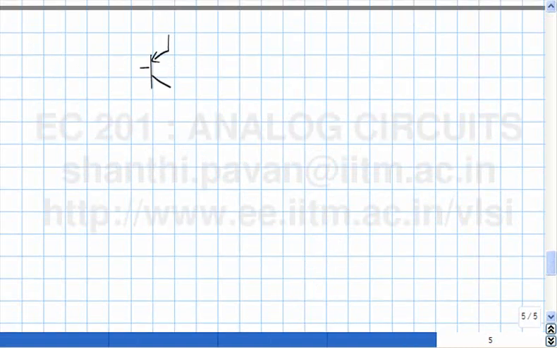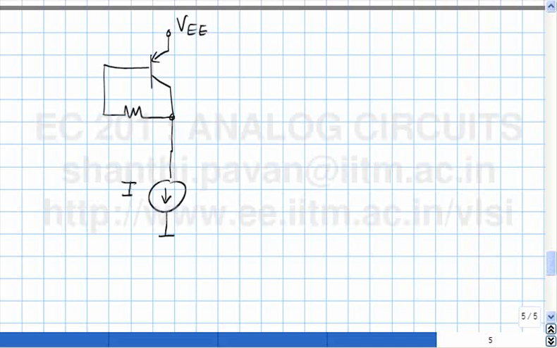The next example is, if you wanted the same transistor to do both the amplification and the negative feedback biasing, this is one way where you measure the collector current.